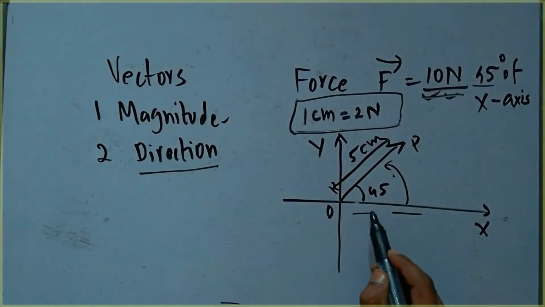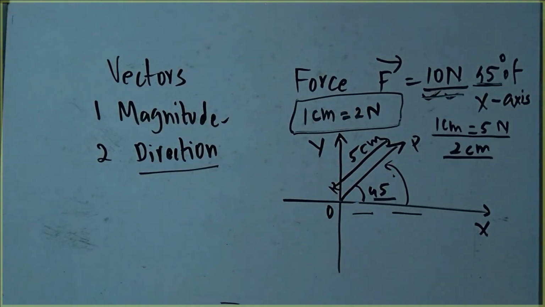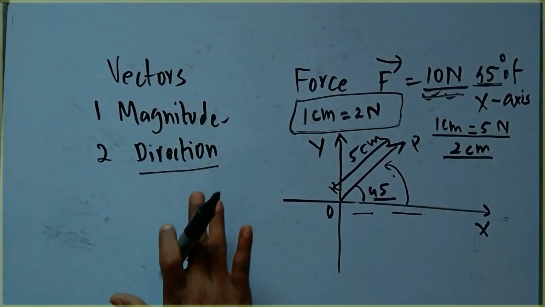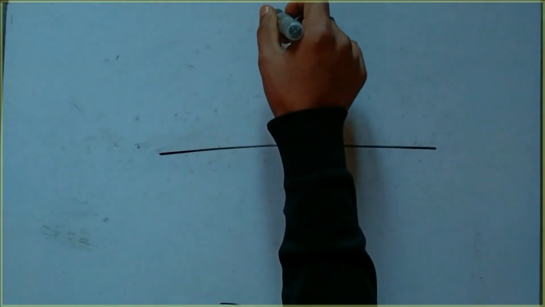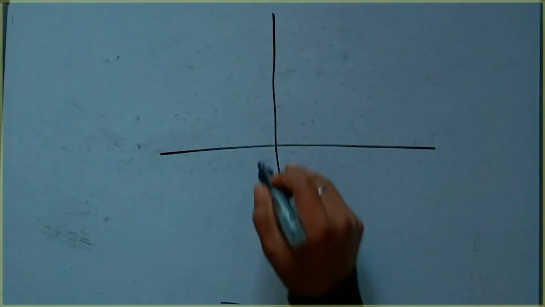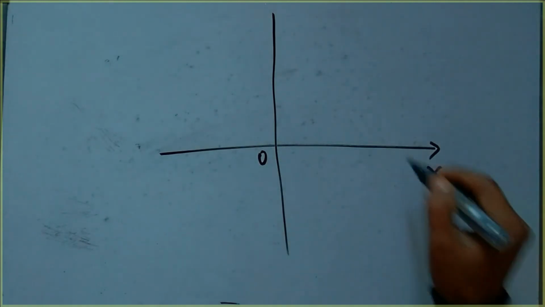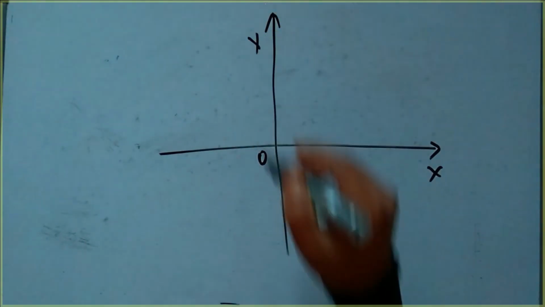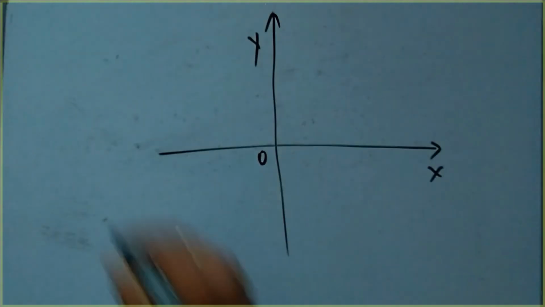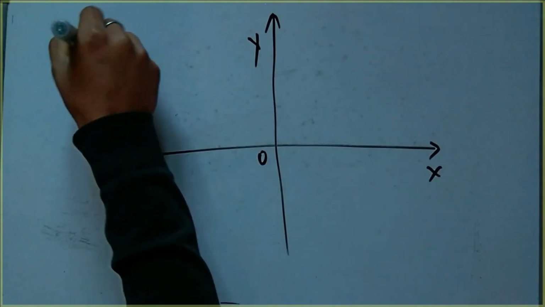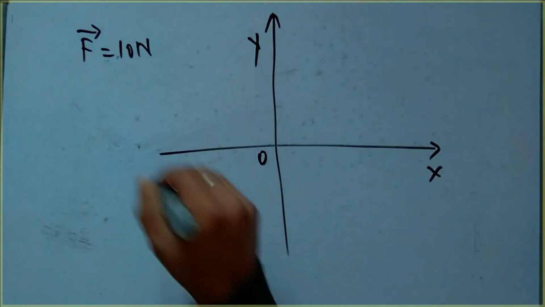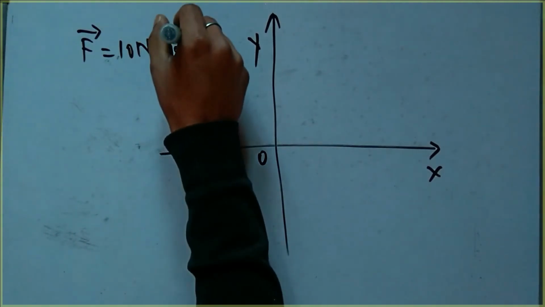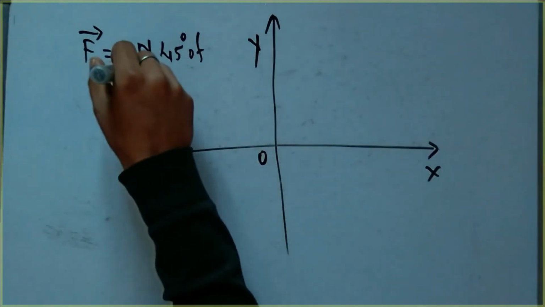So in this way we can represent a vector. So in this way we can plot a vector on a graph, on a 2D plane, this being origin, this being x-axis, and this being y-axis. We have seen our force F equal to 10 Newton, 45 degree of x-axis.